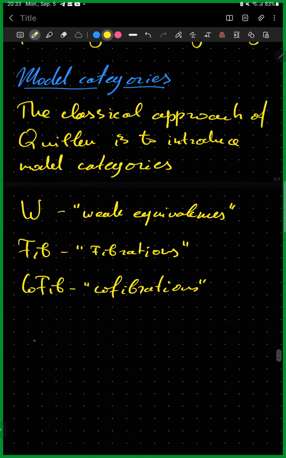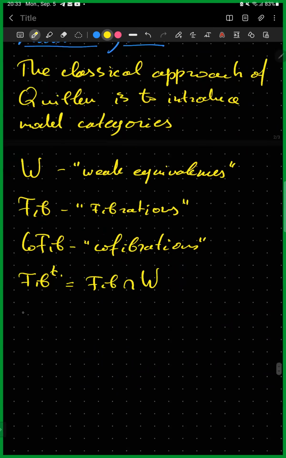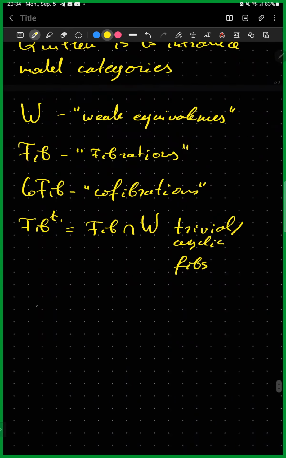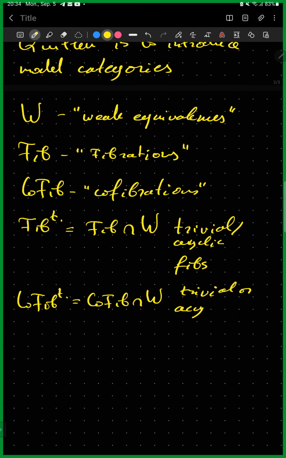It is customary also to define two additional classes, which are just given by intersecting the respective class with weak equivalences. So we obtain trivial or acyclic fibrations, and we obtain trivial or acyclic cofibrations.